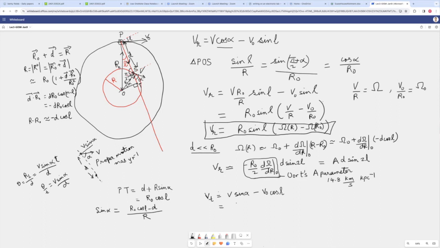and we'll plug that in here. So this is equal to V by R into R naught cos L minus D minus V naught cos L. This is equal to, so let's see, R naught cos L times V by R minus V naught by R naught.